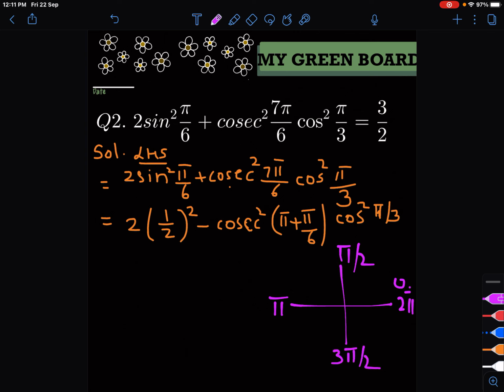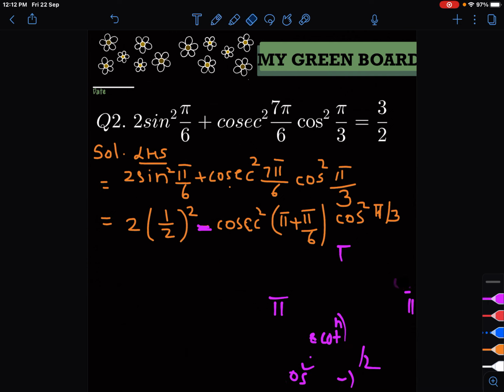Now here pi plus pi by 6, it's adding pi plus 30 degrees. So here cosec is negative; other than tan and cot, rest all are negative. Here tan and cot are positive, here cosec is negative. So I have put a negative sign here. Understood, children? Got it?